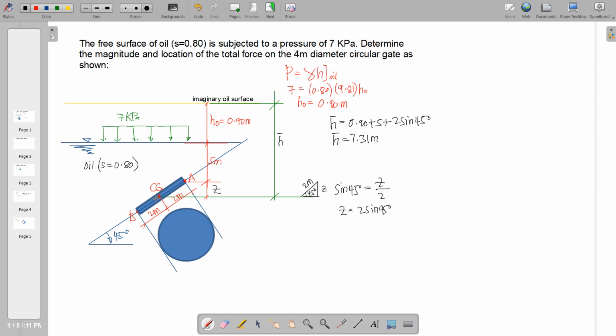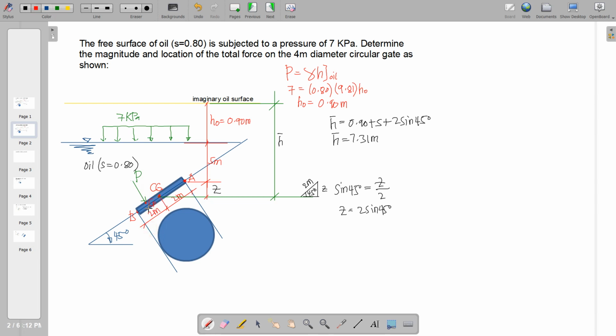So therefore, we'll just have to consider our free body diagram here. Say from the center of gravity, we'll be having the total force here below the center of gravity.